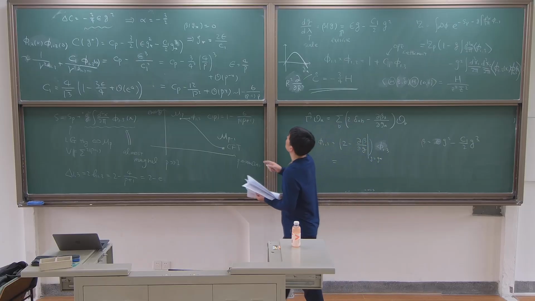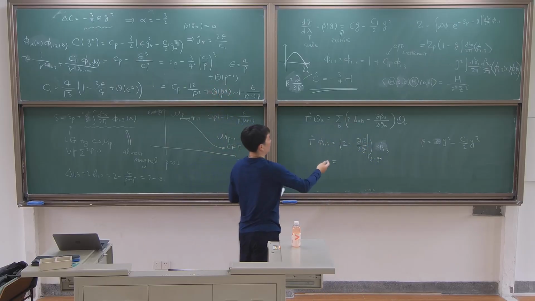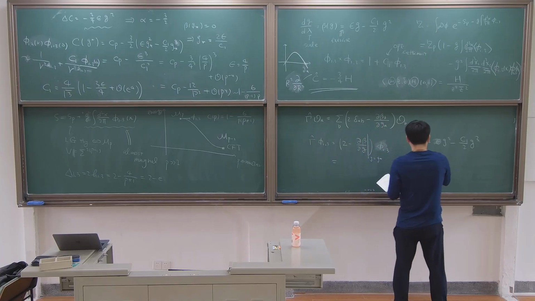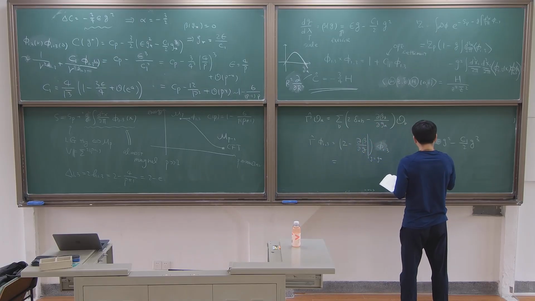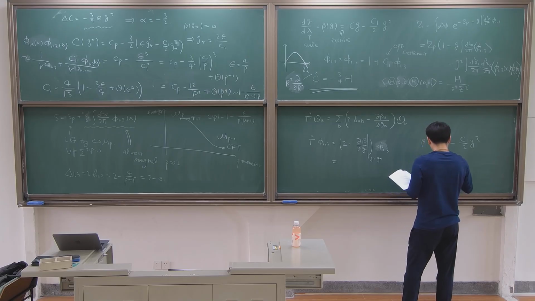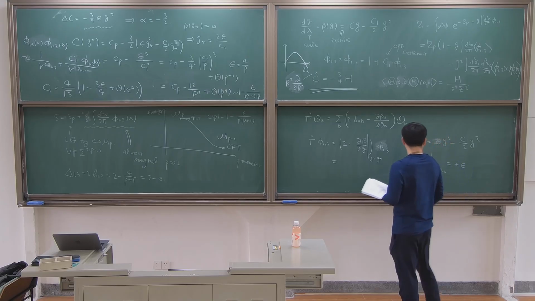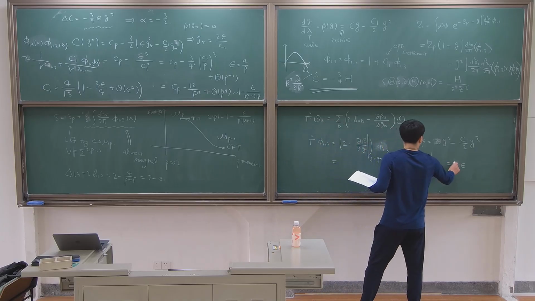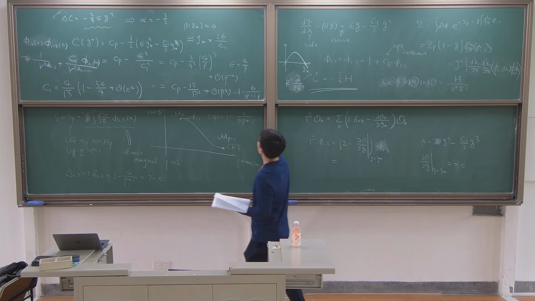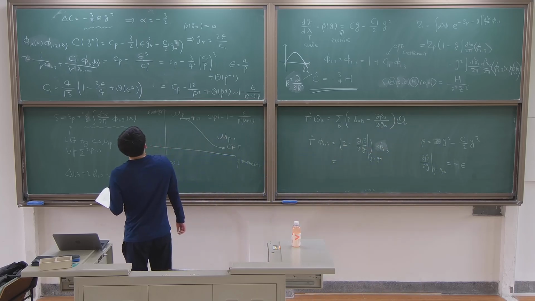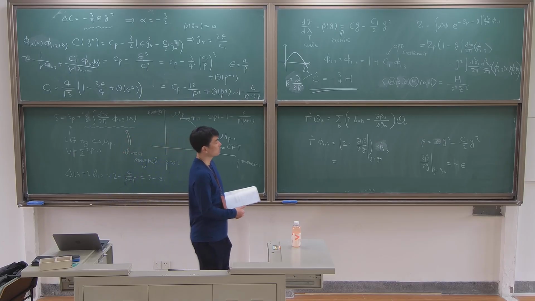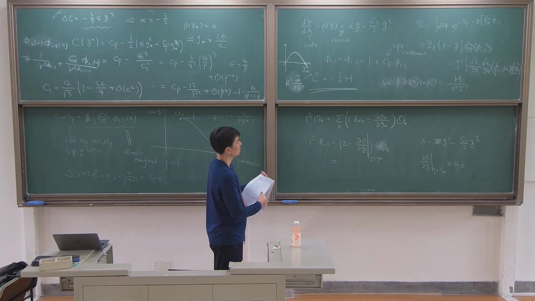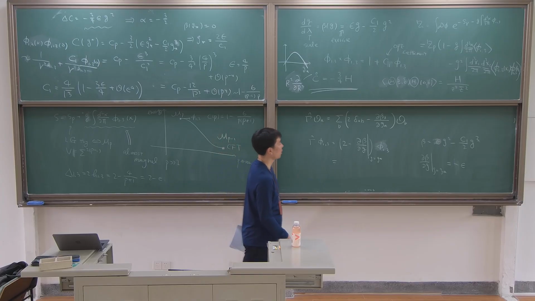And g star is given over there, and plug that into here. So del beta del g at g star is given by plus epsilon. And this is equal to minus epsilon, which is coming from just direct computation.